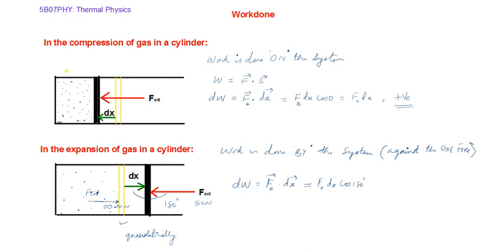So finally you get minus Fe times dx, and this negative sign justifies our convention which says that the work done by the system is negative.